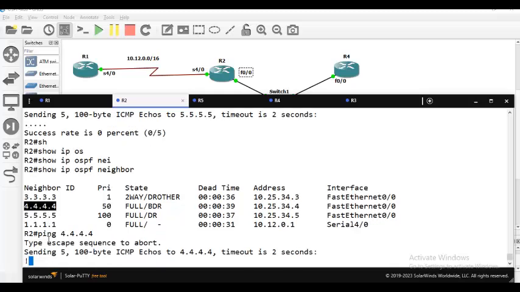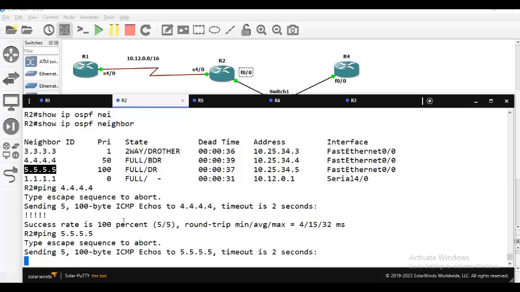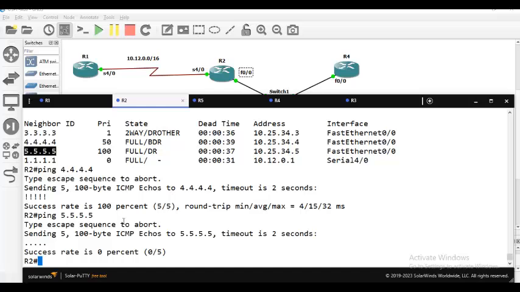Next. If you see the database, show IP OSPF database, you will have that as an advertising router. 5.5.5.5 is one of the advertising routers. You see, who is advertising this network, this particular IP?